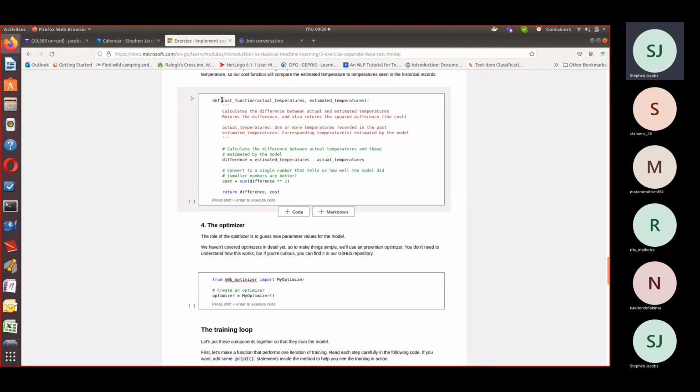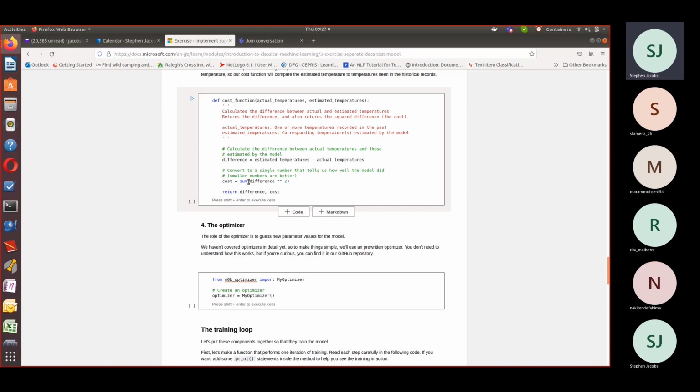So this user-defined function here is cost, and it takes the actual temperature and the estimated temperature. So we pass those two values in, and it will return the difference and the cost, where the cost is the sum of the difference squared. Okay, that's what that means. And that's effectively our error that we can feed back, because if our model perfectly modeled all the data, the cost would actually be 0.